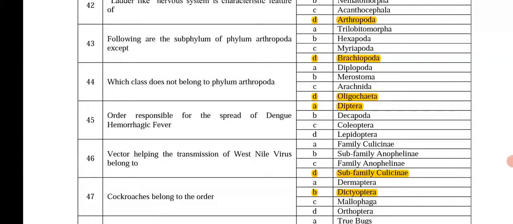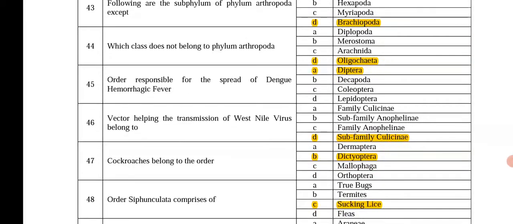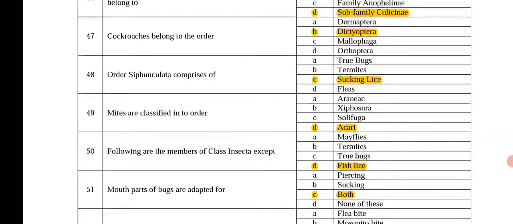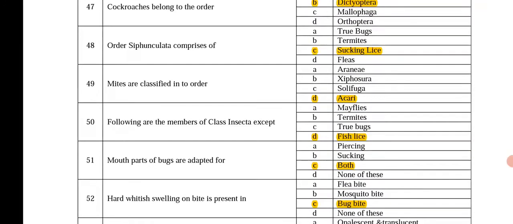The order responsible for the spread of dengue hemorrhagic fever is Diptera. The vector helping the transmission of West Nile virus belongs to subfamily Culicinae. Cockroaches belong to the order Dictyoptera. Order Siphunculata comprises sucking lice. Mites are classified in order Acari. The following are members of class Insecta except fish lice.